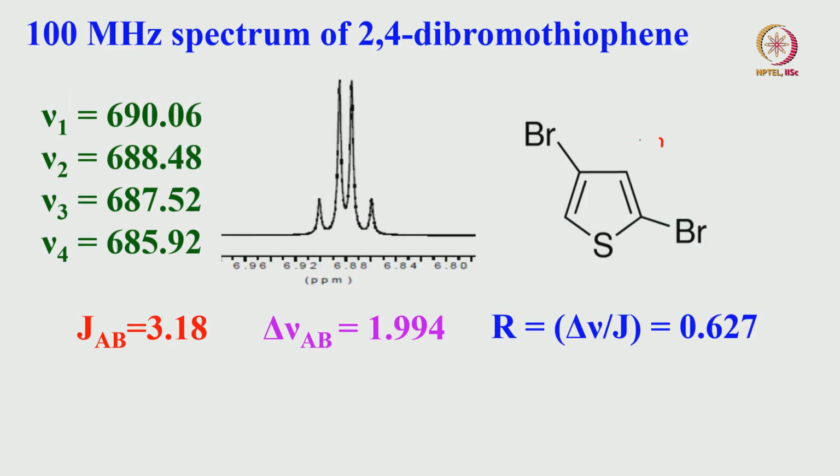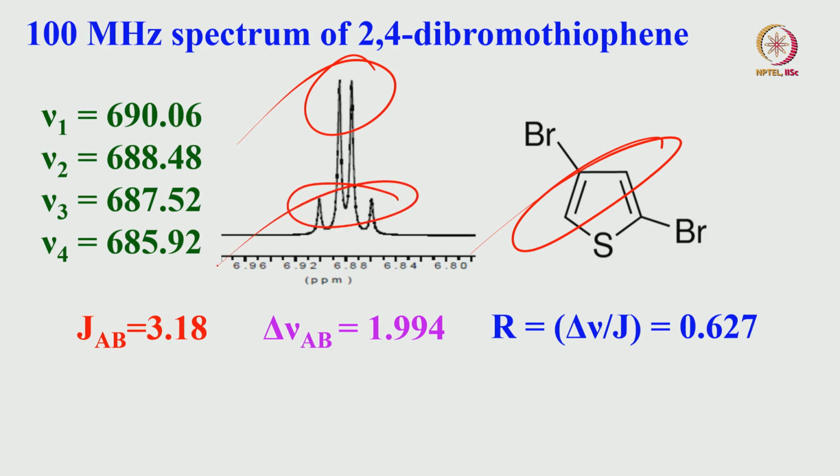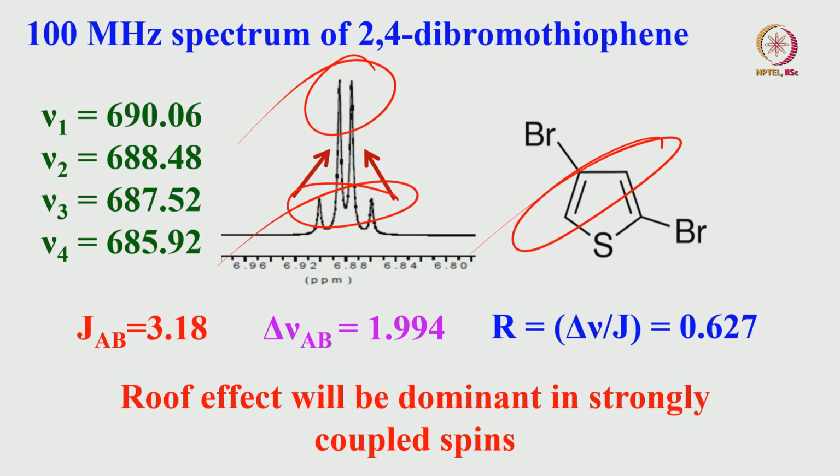Whereas, look at this molecule, where there are 2 protons which are strongly coupled. Look at this peak here: the central lines are of equal intensity, more intense than the outer lines, which are weaker. Also look at it, it is tilted like this. This is called a roof effect. If I measure the chemical shift separation between these two, there is actually a small change in the chemical shift.